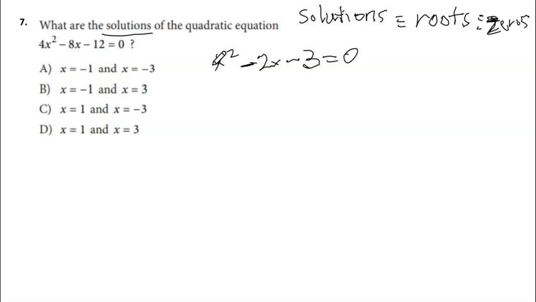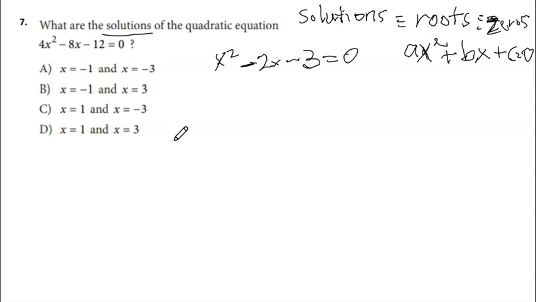In that approach, you multiply the coefficient of x squared by the constant c, right? So the general equation looks like this: ax squared plus bx plus c equals 0, right? So we're going to multiply the coefficient of x squared, which is currently 1, by the constant c, which is minus 3, right?